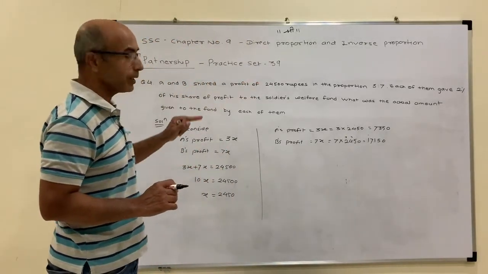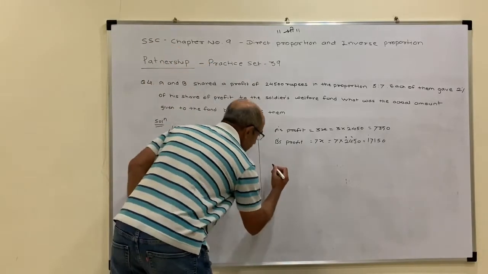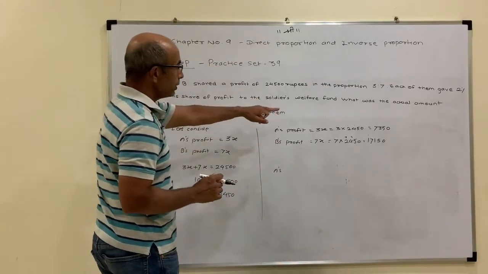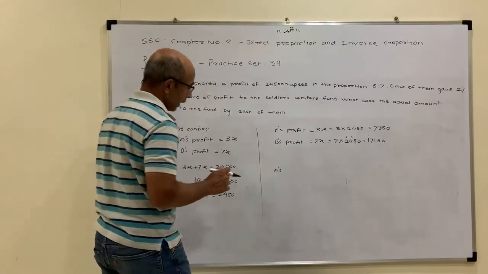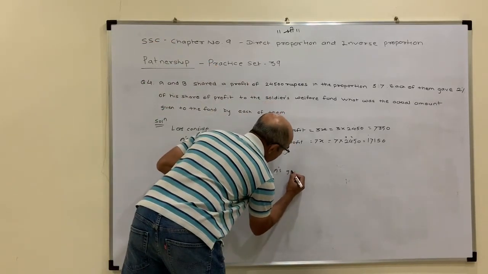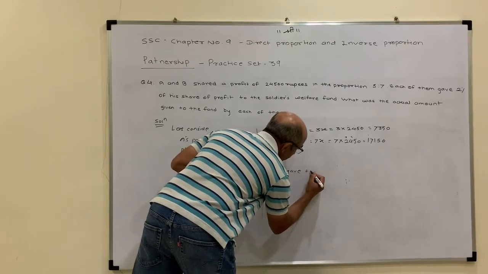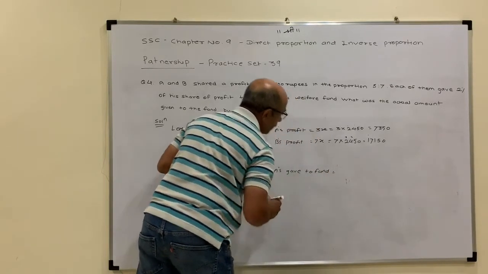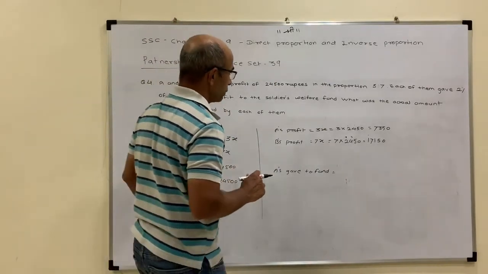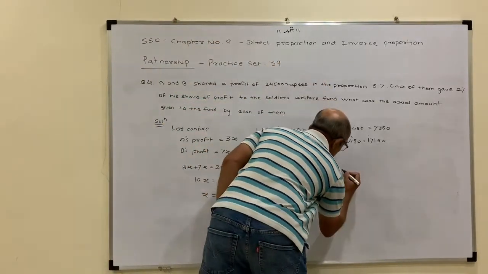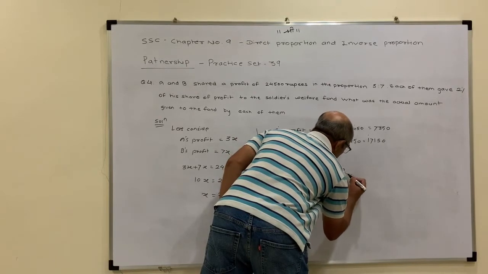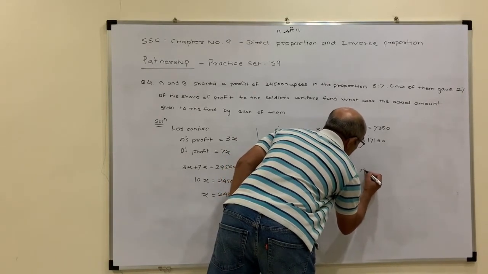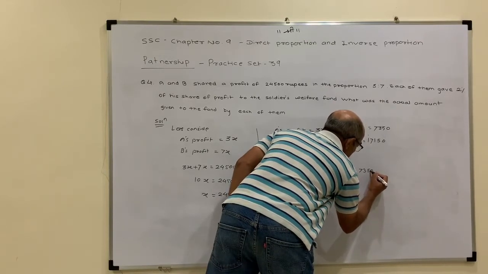Now how much did they give? They gave 2% from their share. So now how much actual amount was given to the fund by A? Amount given by A to fund equals 2 divided by 100 into 7350.